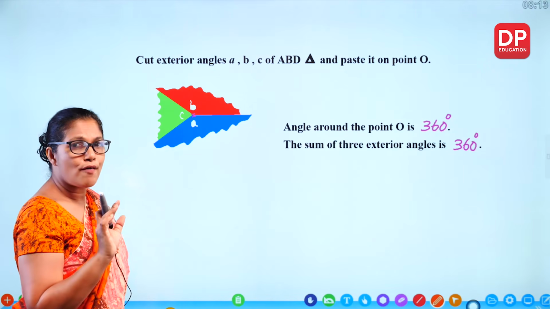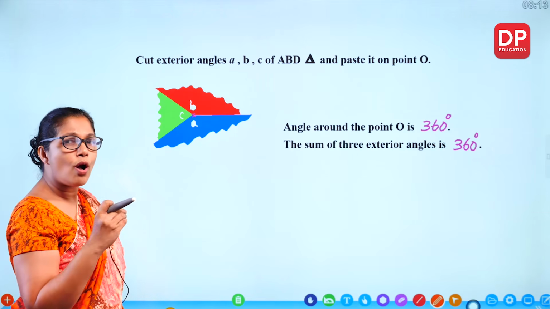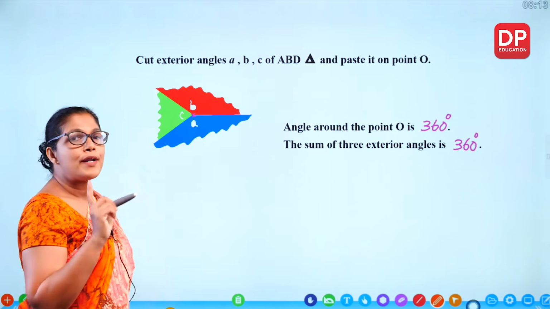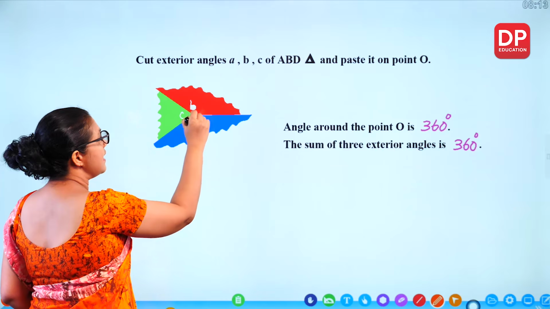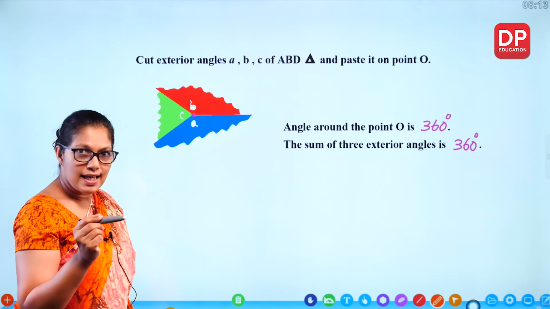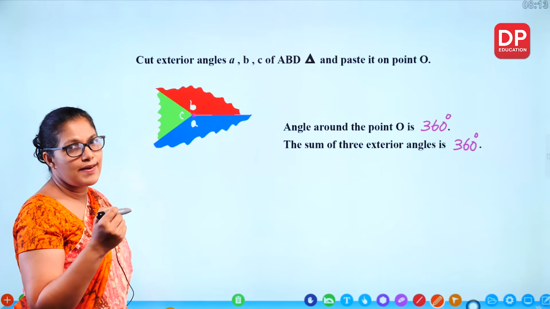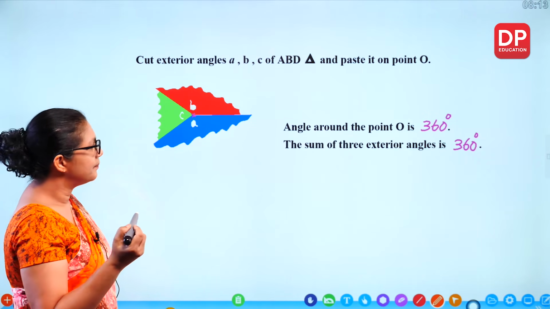You can draw any type of triangle, extend the lines and cut all the three angles and try to paste on a point. You will get it fits exactly without any gaps. So that's why we can say the sum of exterior angles add up to 360.